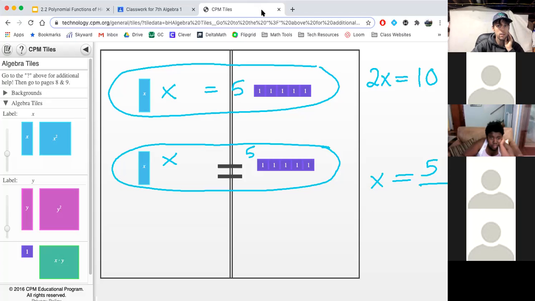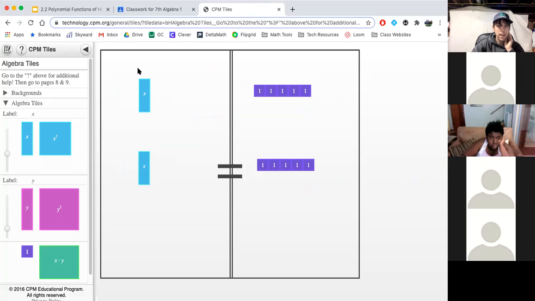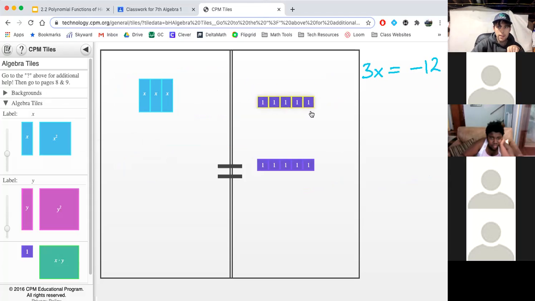All right, I'm not going to delete all this. I learned my lesson. Let's have our equation. 3x equals -12. All right, so I need another x for 3x. And I need -12.